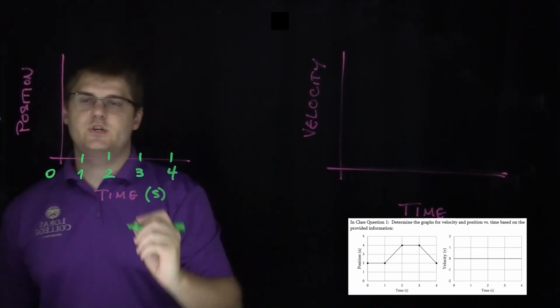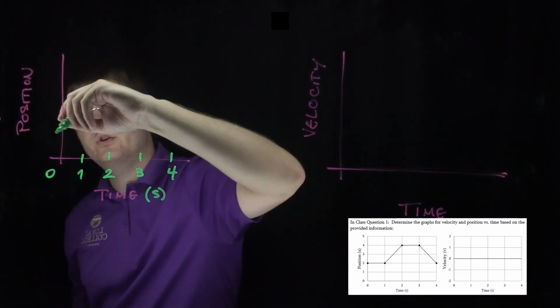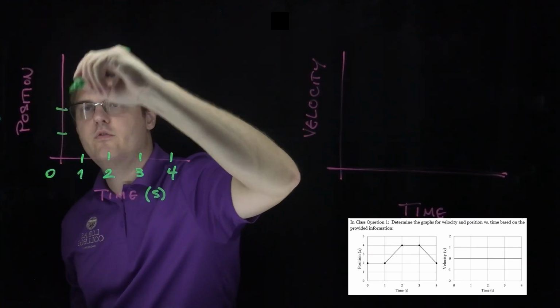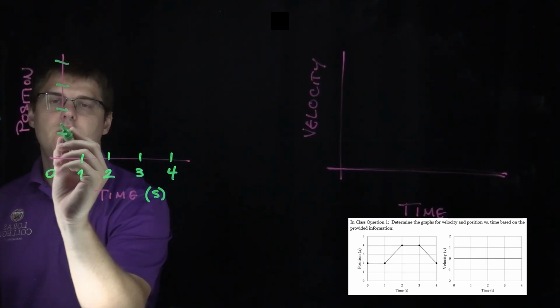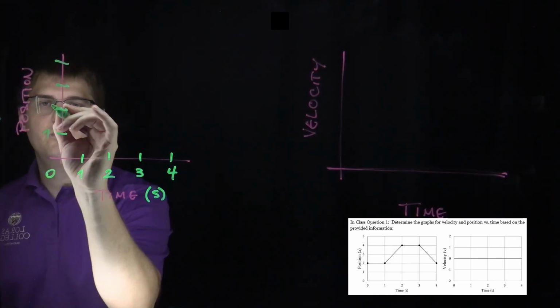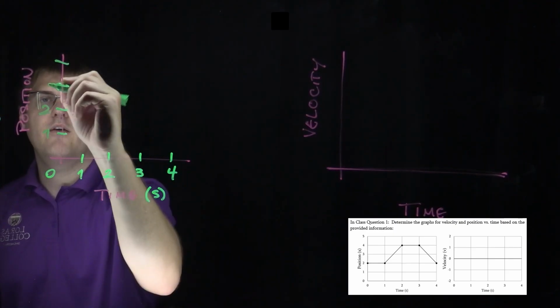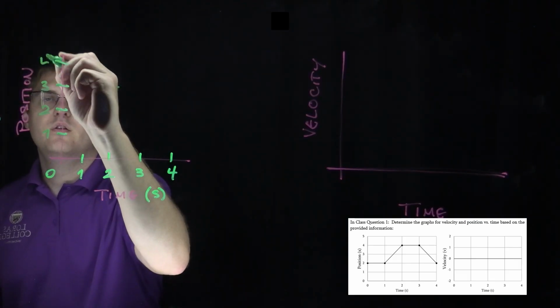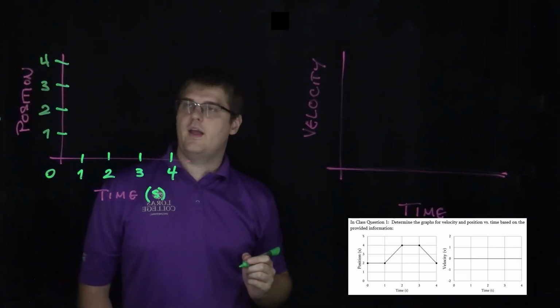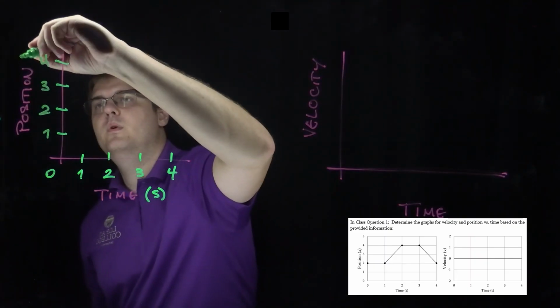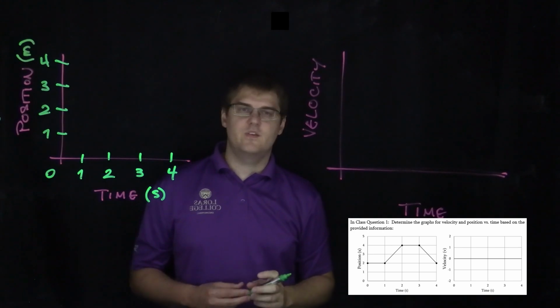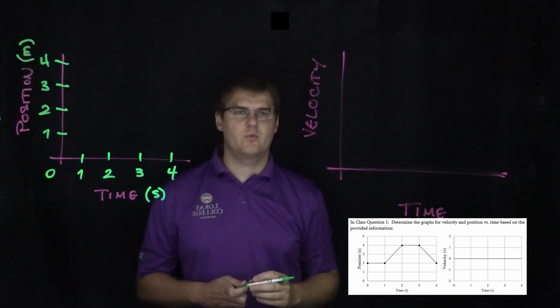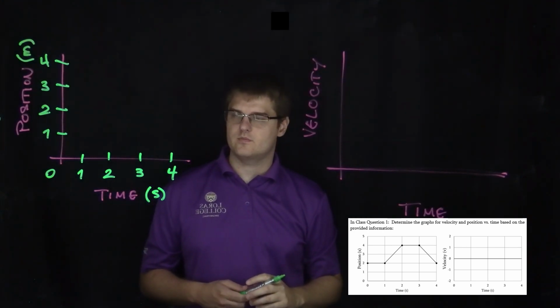Then we have a position that varies from 2 to 4, so I'm going to put in exactly the graph that you should have been given. We could assume, though it's not given, that this is units of distance, and the base unit of distance we're going to use in the class is meters.